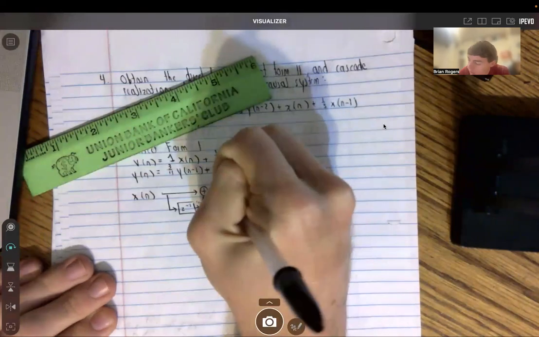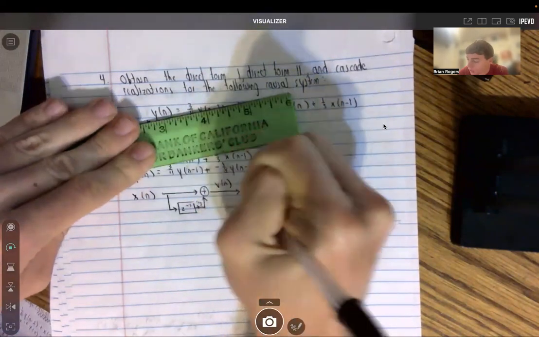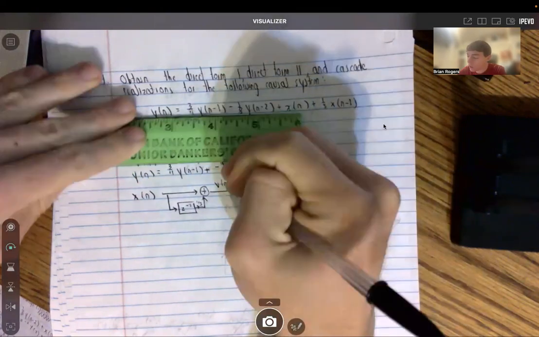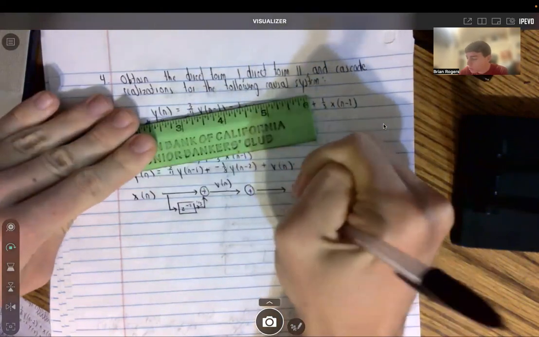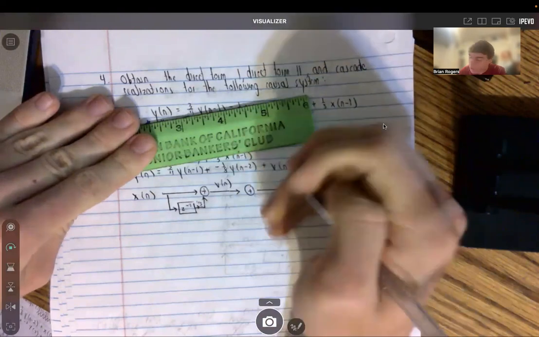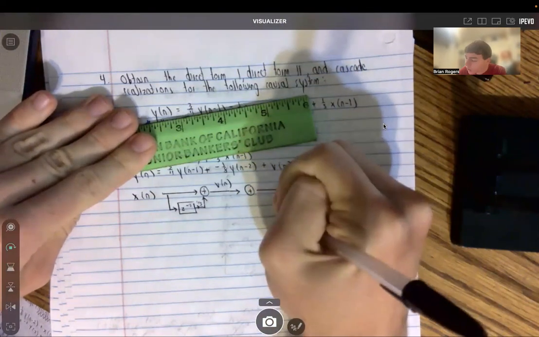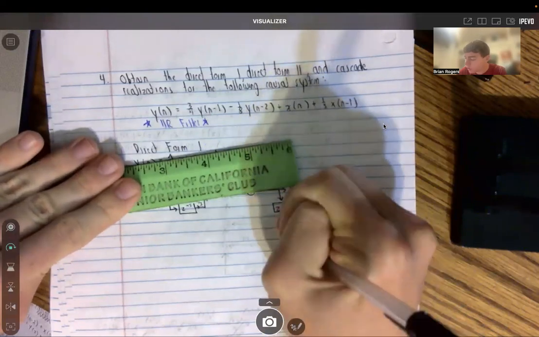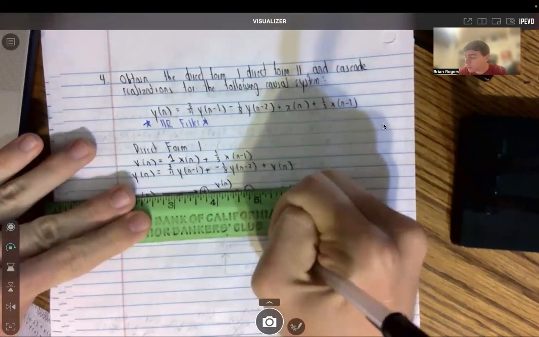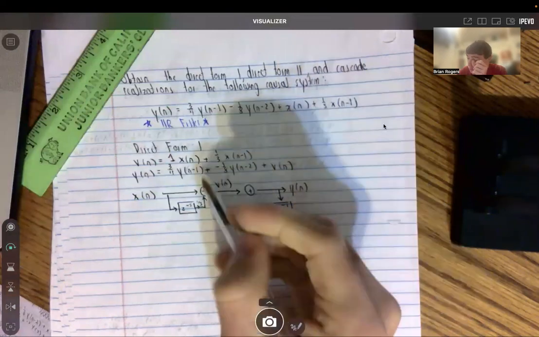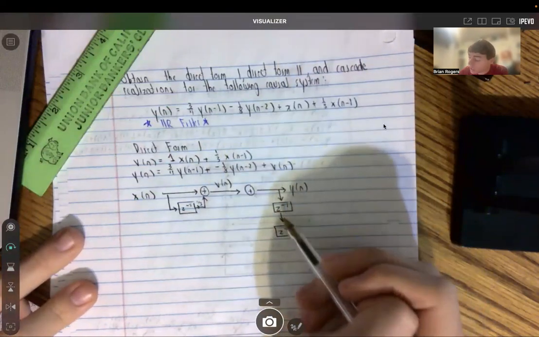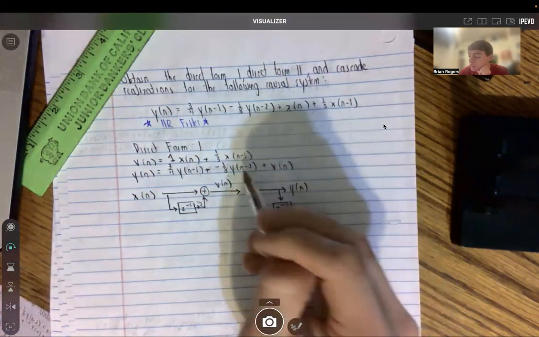And then from our v of n, we have another summing block based on our output, y of n here. Notice that we have to have two delay blocks here because it depends upon the previous values up to 2, so we have to shift it twice.